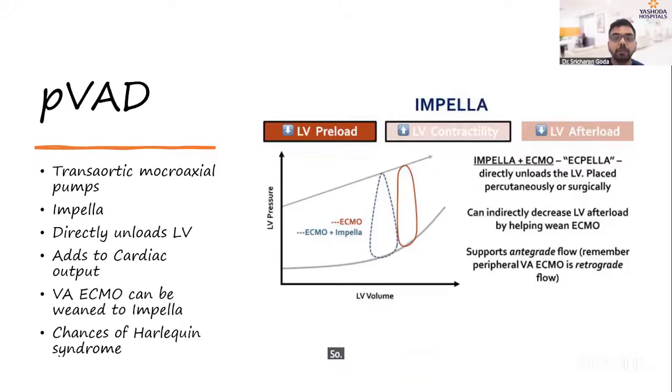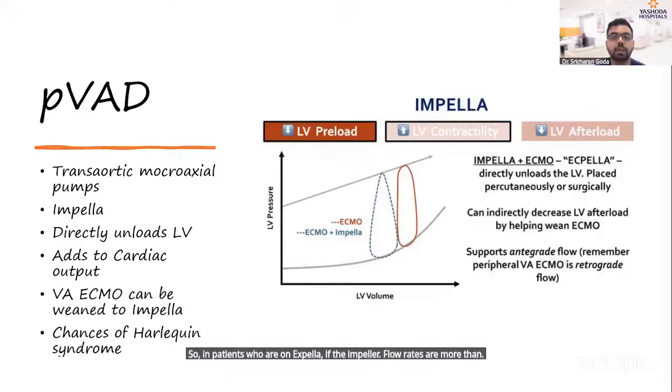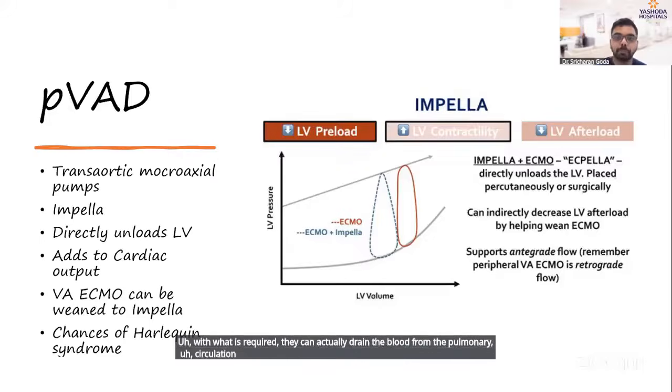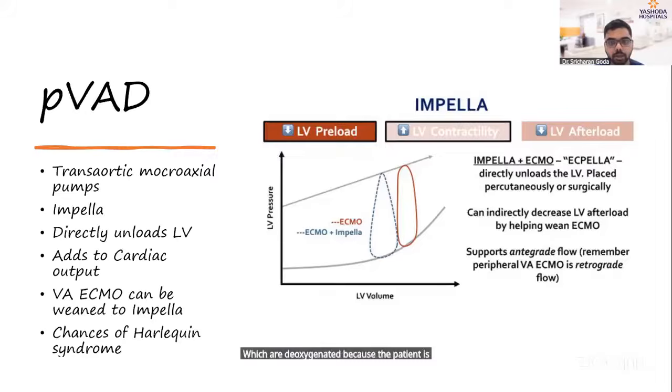So in patients who are on Impella, if the Impella flow rates are more than what is required, they can drain the blood from the pulmonary circulation, like from the pulmonary veins, which are deoxygenated because the patient has bad lung function. And this deoxygenated blood can be ejected out into the aorta, thus causing a Harlequin-like syndrome. In which case we have to come down on the Impella flows.